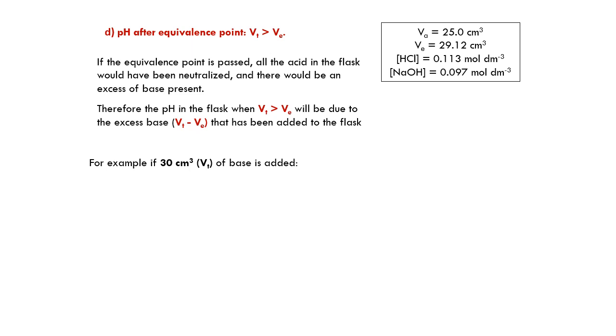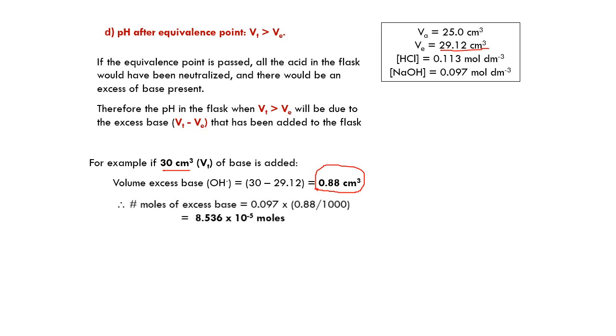So for example, if we add 30 cm cubed of base, remember, the equivalence volume was 29.12. So this means that we've added a little additional base. The volume of your excess base would be 30 minus 29.12, and that tells us we've added an excess of 0.88 centimeters cubed.